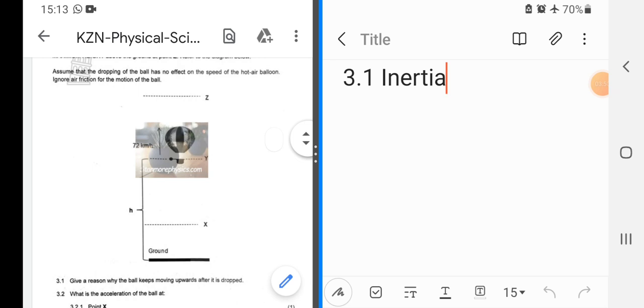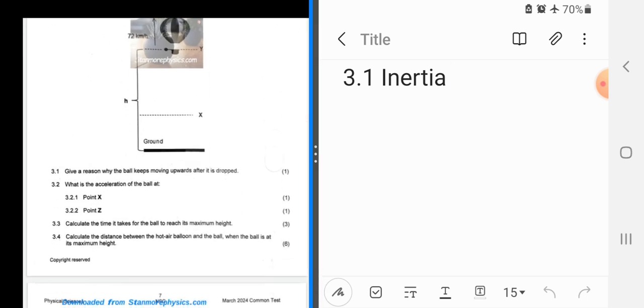This is a property of matter by which it continues in its existing state of rest or uniform motion in a straight line unless that state is changed by an external force. Okay, that is 3.1.